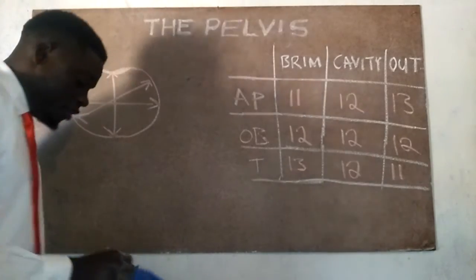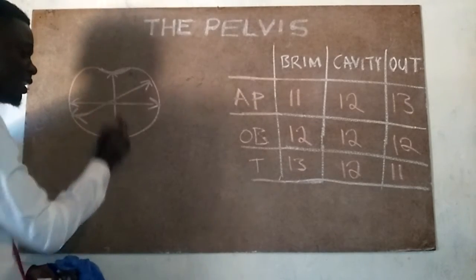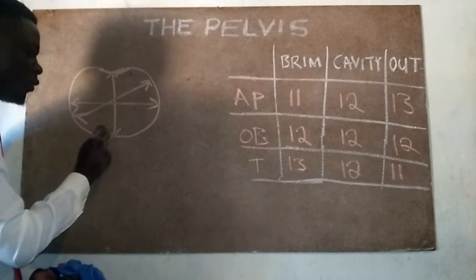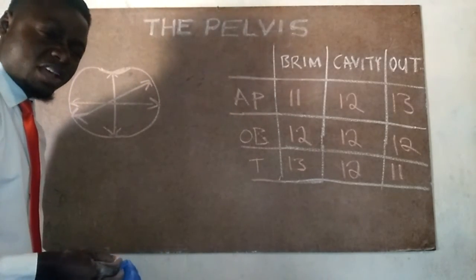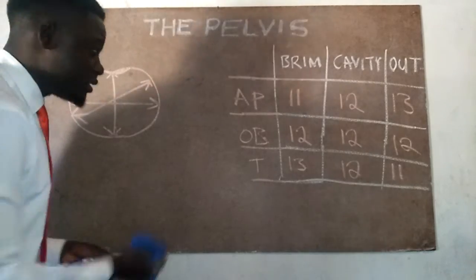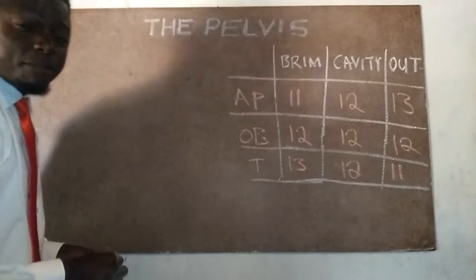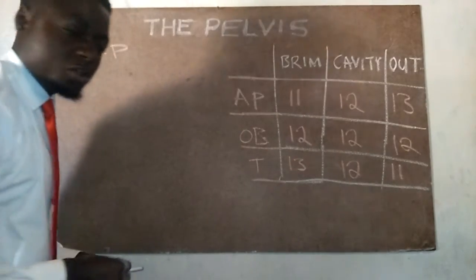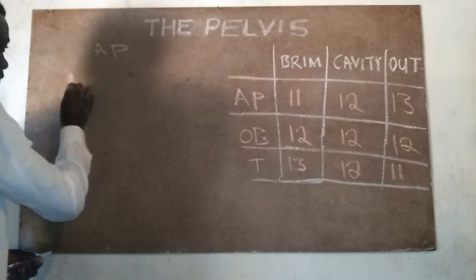But in the AP diameter, we have three conjugates, because all these run from the pubic symphysis down to the sacropromontory. And the way we do this is like this. We are in the AP diameter only.